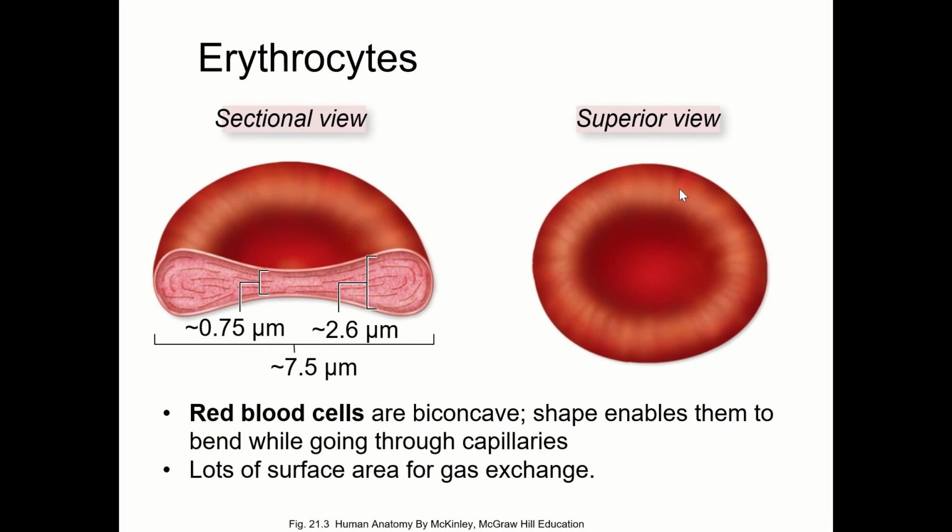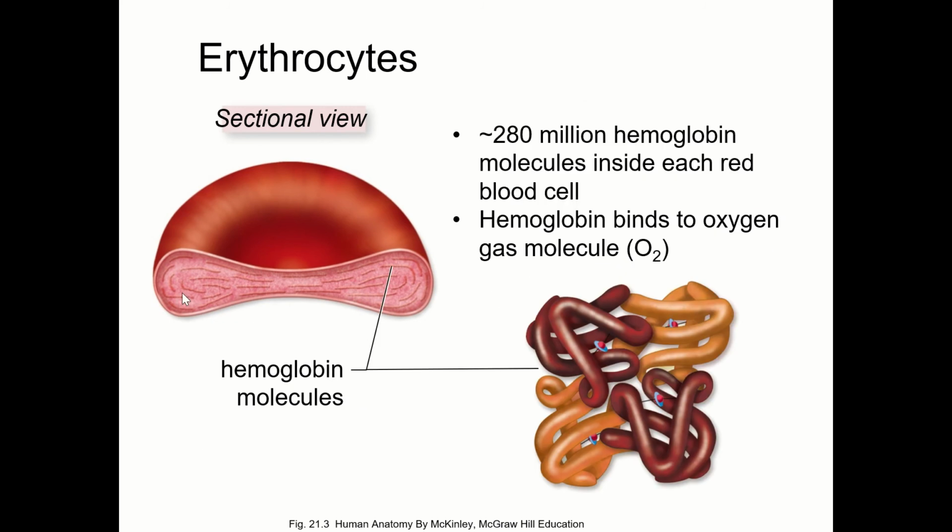This is really cool because they can bend as they go through capillaries, which is where gas exchange happens, and there's tons of surface area on this cell that can push up against the walls of the capillary and promote gas exchange. Within each red blood cell, there are about 280 million hemoglobin molecules.